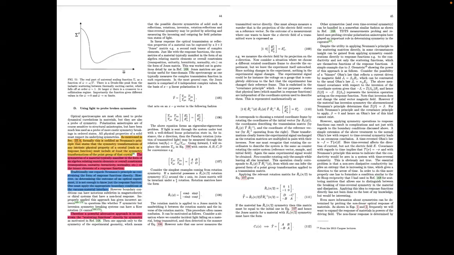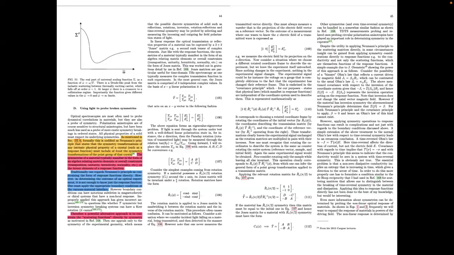I have a sample whose scattering is represented by this T matrix, which goes by the fancy term Jones matrix, but it's really just a 2x2 matrix which relates the incoming electric fields to the outgoing electric fields. Maybe I can make my notation a little bit simpler here. Instead of talking about T_xx, T_xy, T_yx, and T_yy, I'll refer to them as A, B, C, and D.